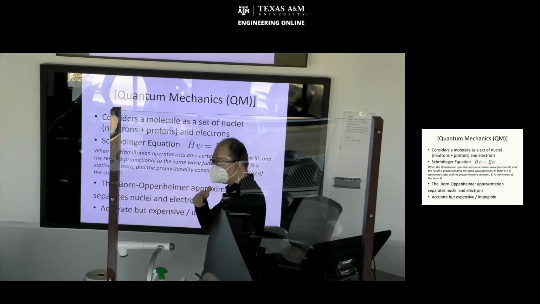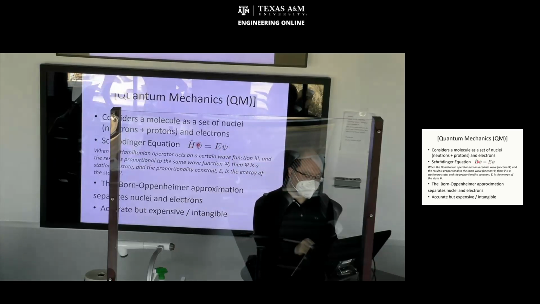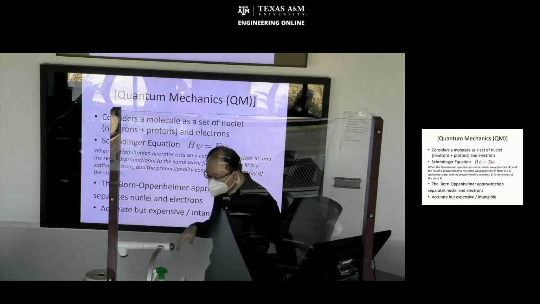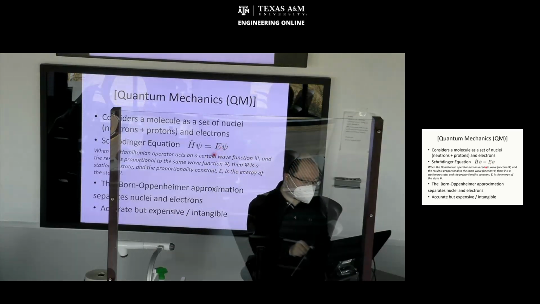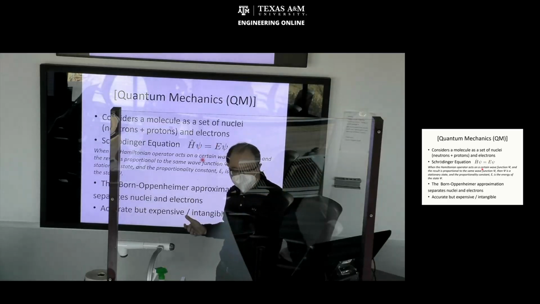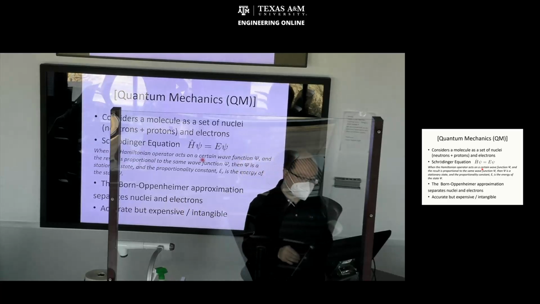So here it's very similar. You have H psi equal to E psi, and Ax equal to lambda x. In these cases, psi are the basis functions, or these are like the eigenvectors.